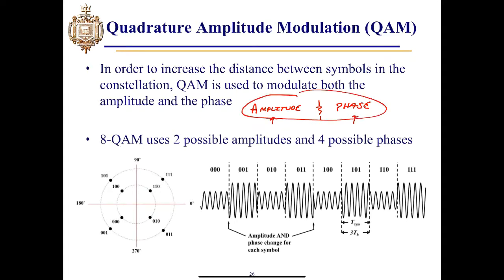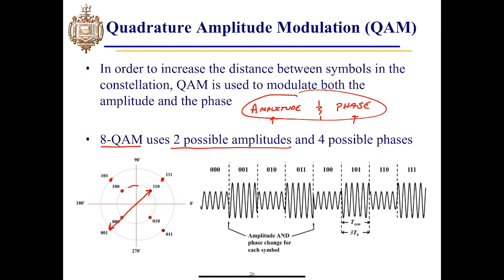So here's an example of 8 QAM. I have 8 different symbols, 1, 2, 3, 4, 5, 6, 7, 8. If I'm using 8 QAM, I have 2 possible amplitudes. I have an amplitude here, and then I also have an amplitude here.